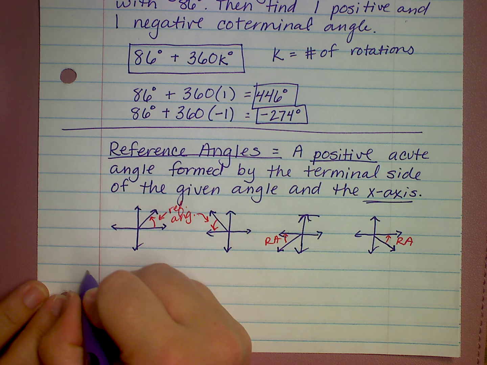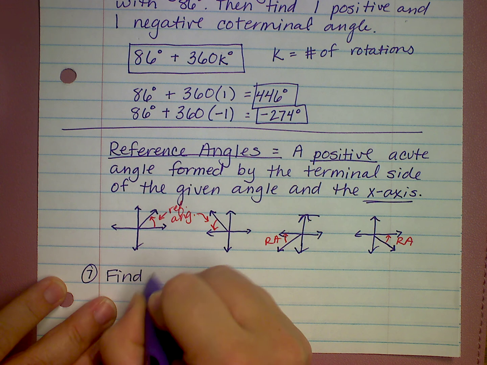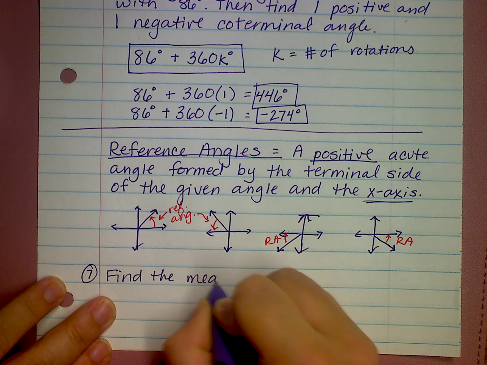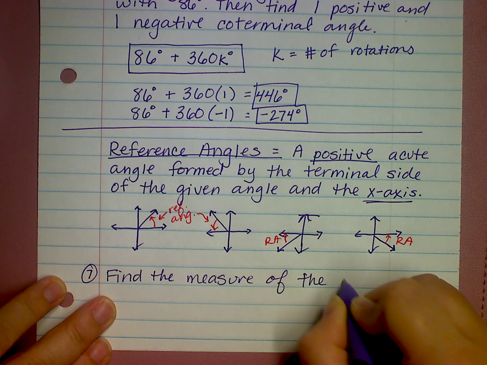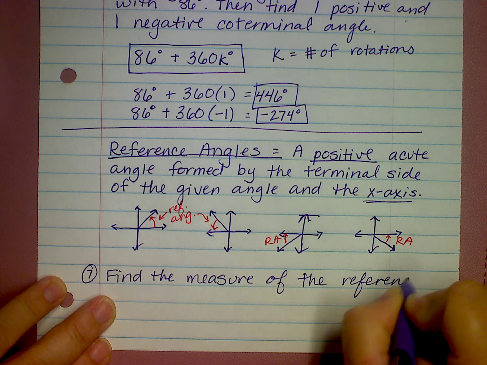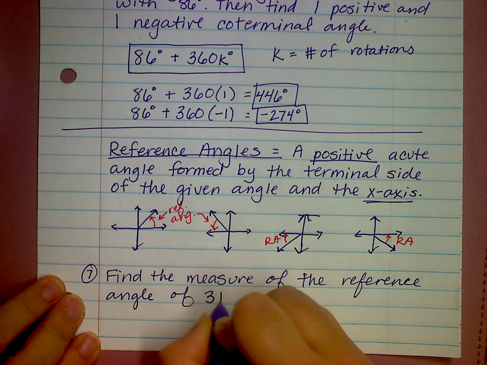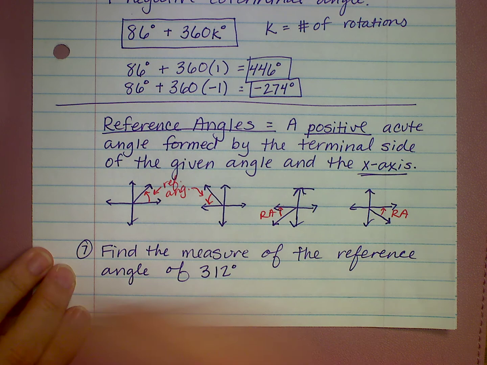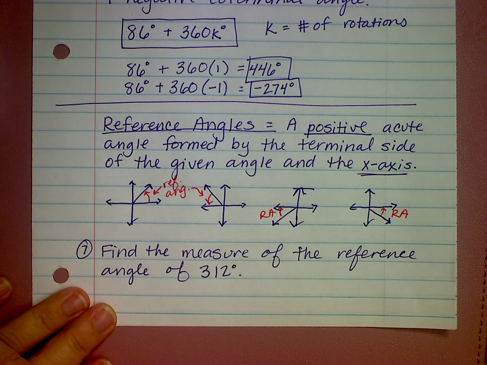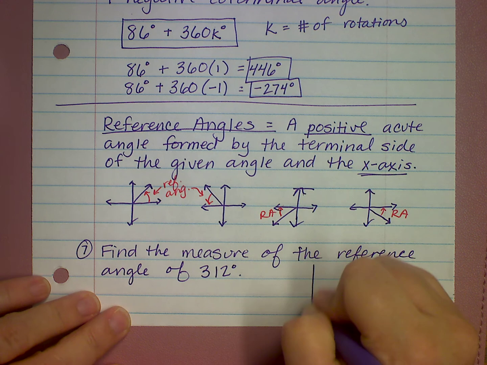So, last example here. Find the measure of the reference angle of 312 degrees. So let's think about this for a minute. First off, what quadrant is the terminal side in of a 312 degree angle? Quadrant 4.